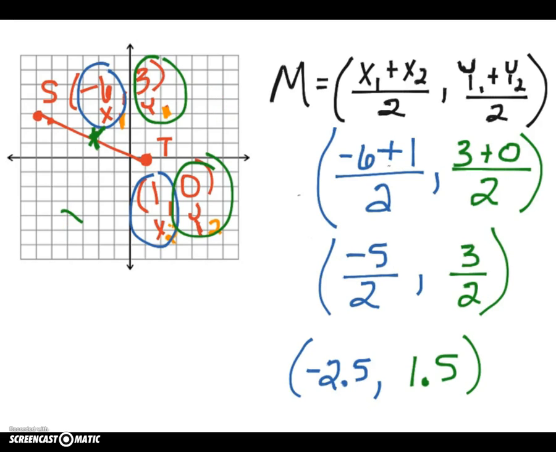Sign errors are the most common mistakes on here. So make sure you get them plugged in correctly. You're welcome to type in each half of this, like this part here and then this part here. You have to type them in separately, but you could type them into your fraction feature on your calculator and solve them just to be sure that you get the right number at the end.